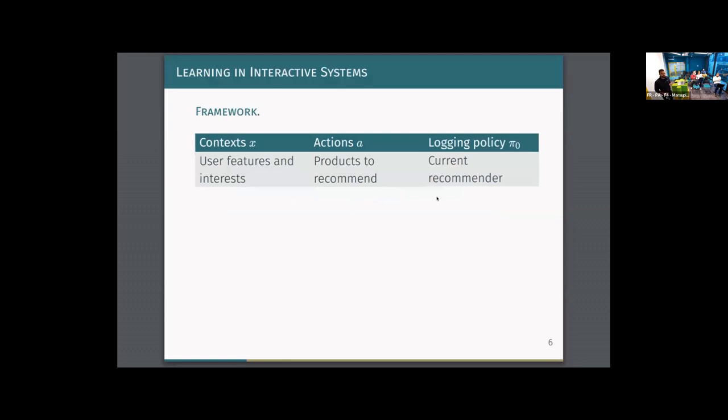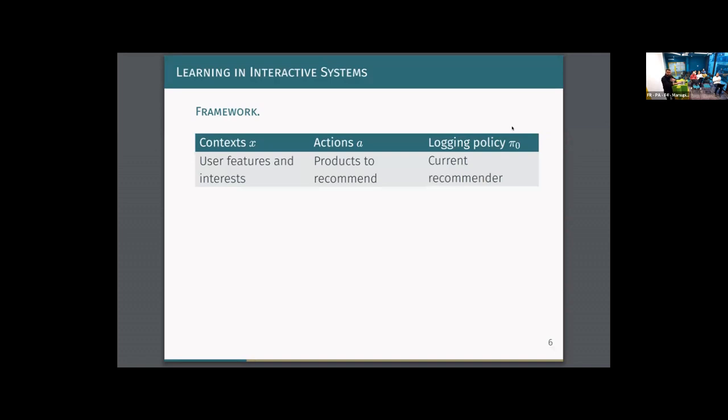So first we have a context. In the case of recommendation, it is a set of features of a user that summarizes their interest, for example. And we have a set of actions. The agent should choose an action to take, and we have a set of actions to choose from. In the case of recommendations, these are the products to recommend. But more importantly, we have a logging policy, pi zero.